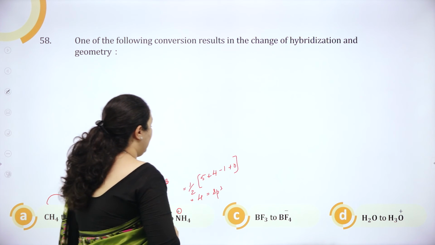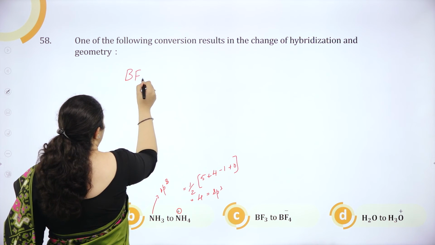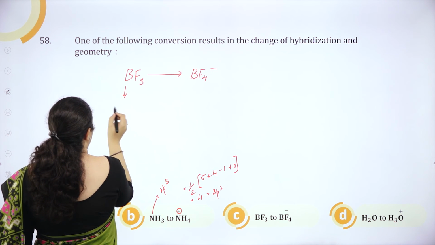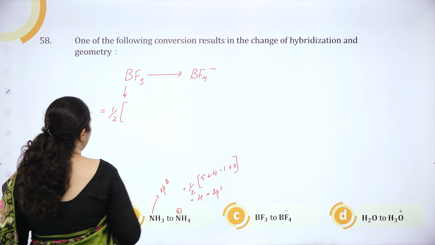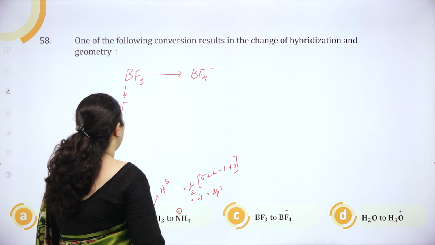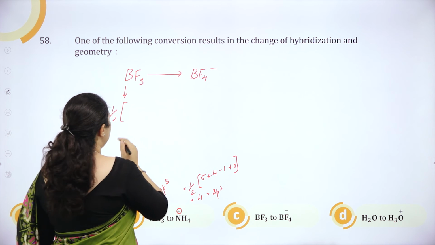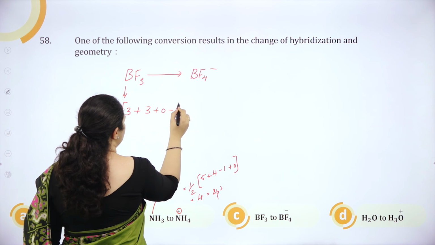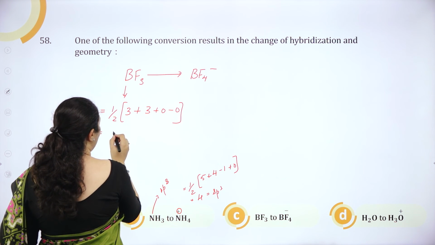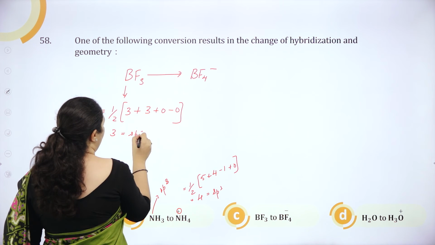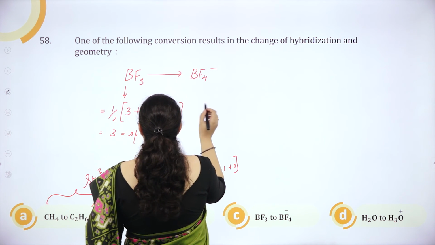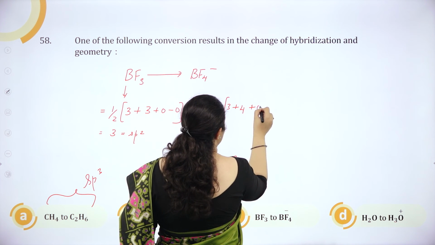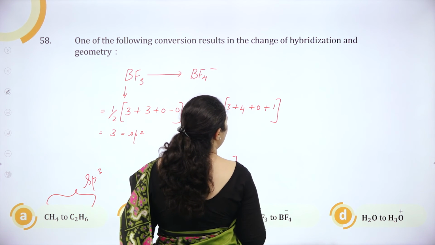Whereas if I take BF3 to BF4 minus, boron, it will be half into number of valence electrons, which is 3 plus this is monovalent 3 plus 0 minus 0. So you'll get 6 divided by 2 is 3, which is sp2 hybridized. Similarly here if you see, the only change which you have to do is half 3 plus 4 plus 0 plus 1.